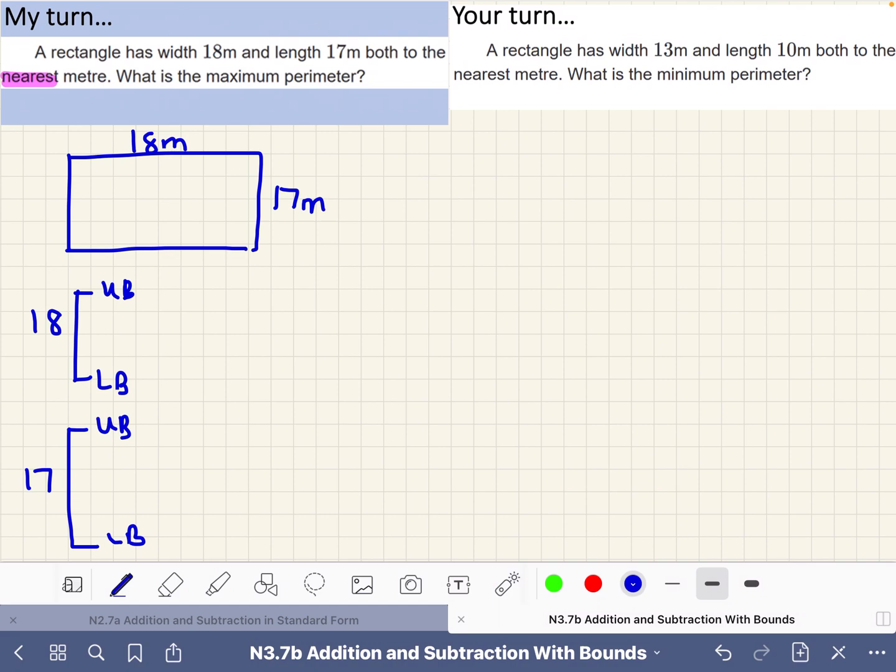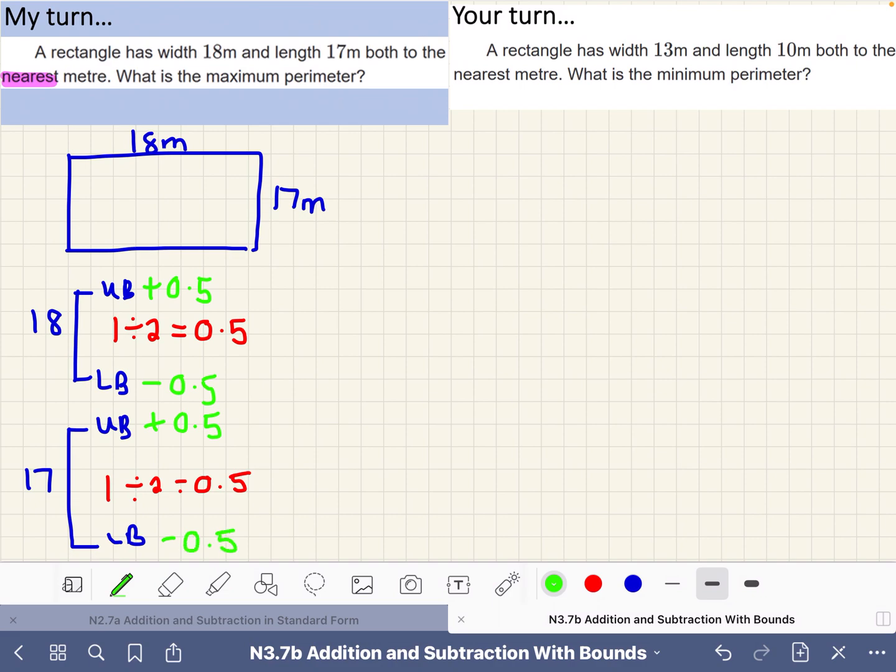When we are talking about rounding to the nearest unit, in this case metre, we are talking about rounding to the nearest 1. This 1 is divided by 2 to find your upper and lower bound. We have a value to add and subtract of 0.5. So our upper bound is plus 0.5 on each of the measurements, and our lower bound is subtract 0.5 from each of the measurements.